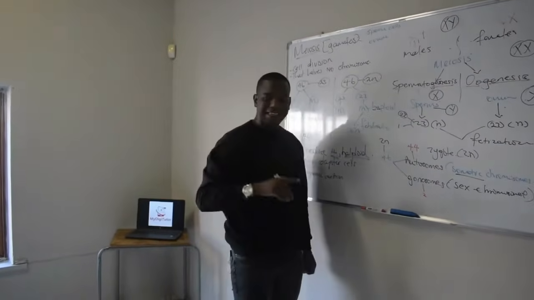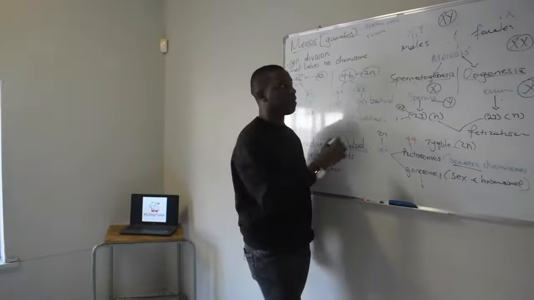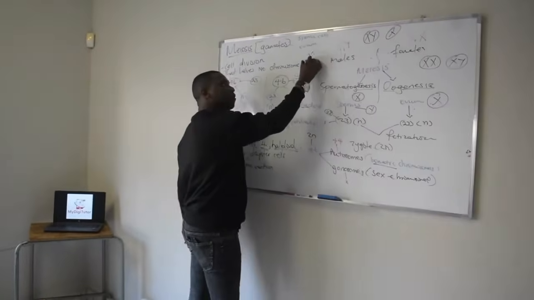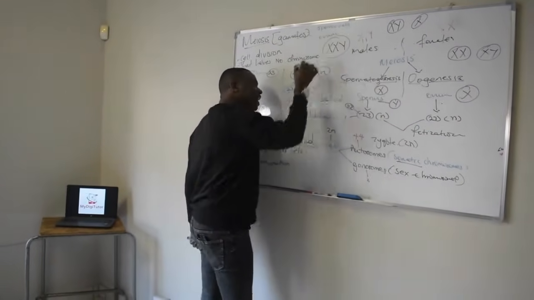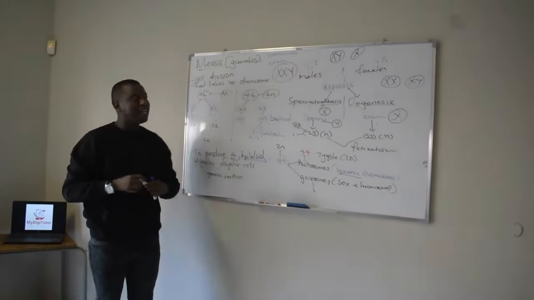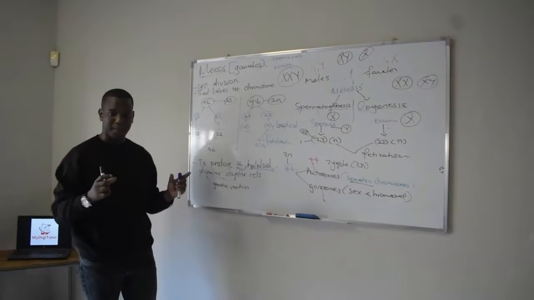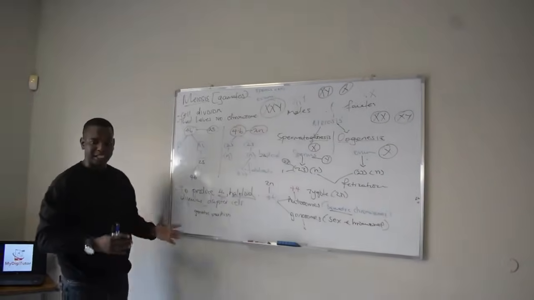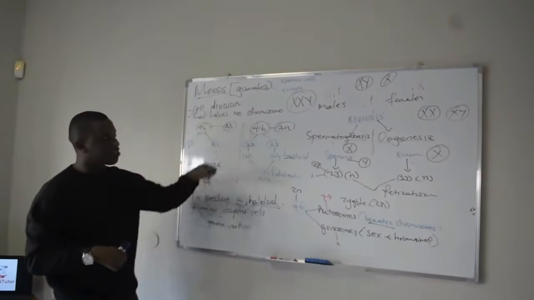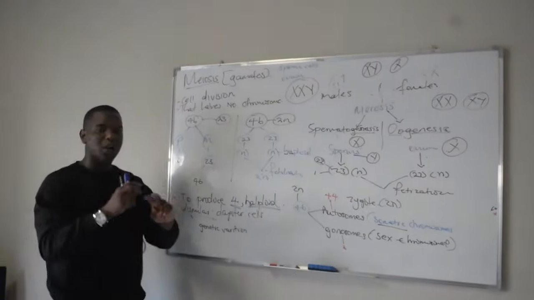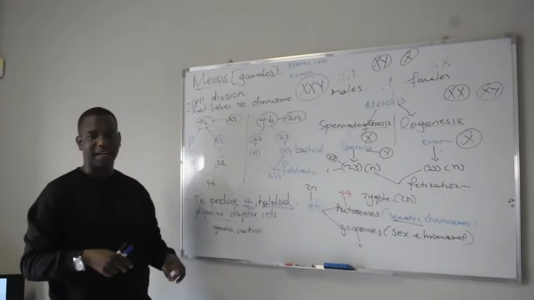Only to find that the mother is going to produce a normal gamete, the mother is going to give us X. And then we get an offspring which is going to be XXY, of which this is now abnormal. It's called Klinefelter syndrome. This is a male with a feminine body. Why? That's because there's been an extra X chromosome due to chromosomes failing to separate.